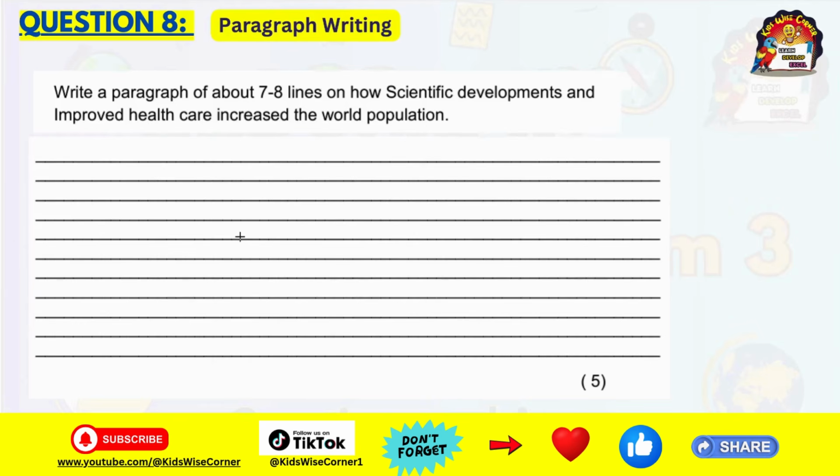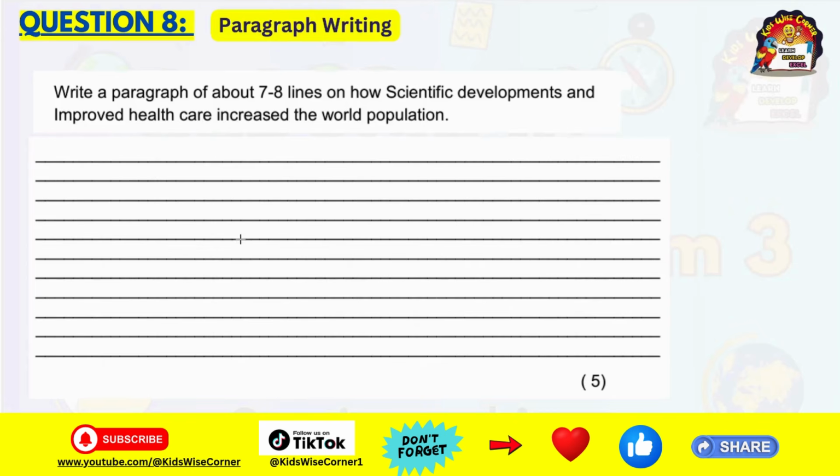With availability of clean water and sanitation, there were fewer people dying from infections. People now live longer, which increases life expectancy. So these scientific changes have caused the world's population to grow quickly.